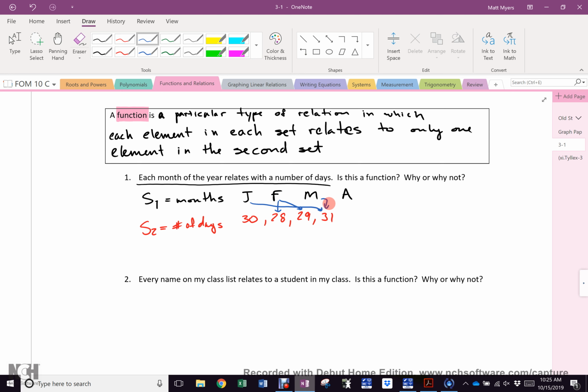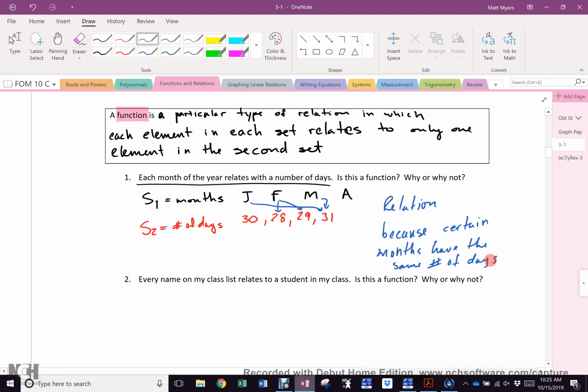So this is a relation. Why? Because certain months have the same number of days. Everybody cool?